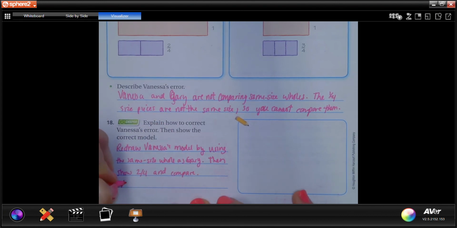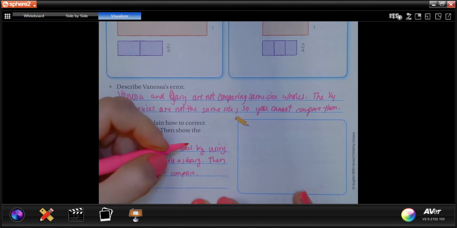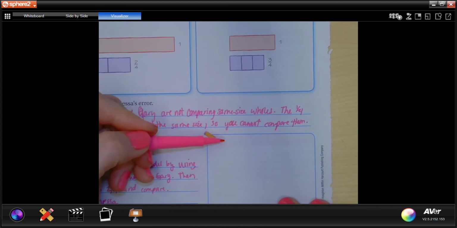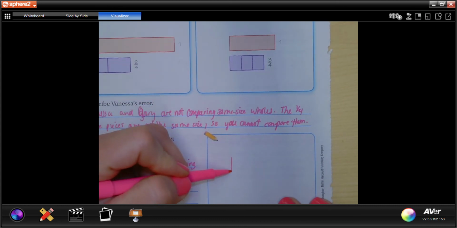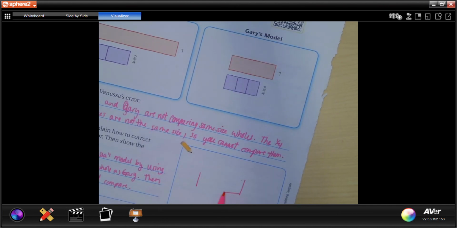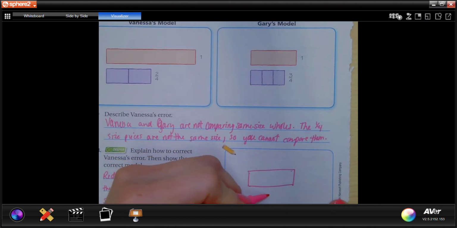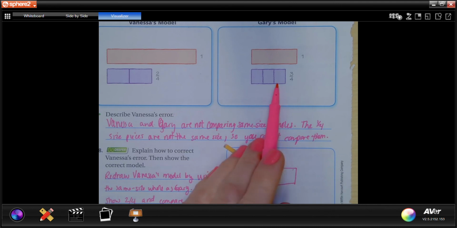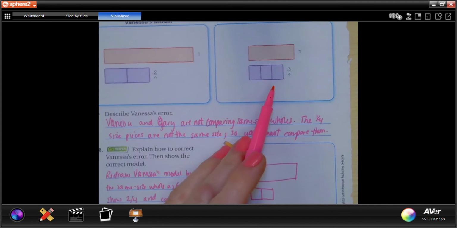So then Vanessa, okay, we're going to make this the same. So 2/4 is smaller than 3/4.